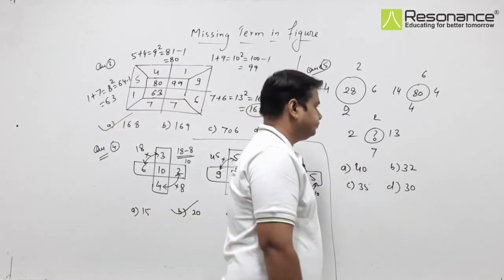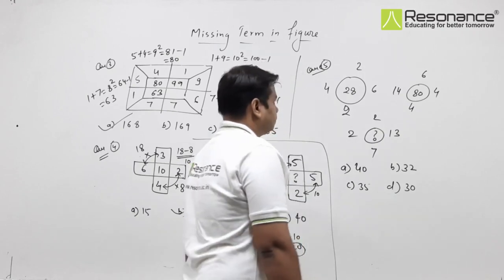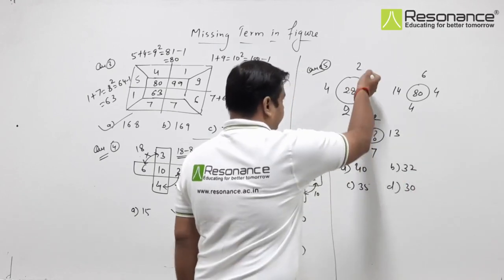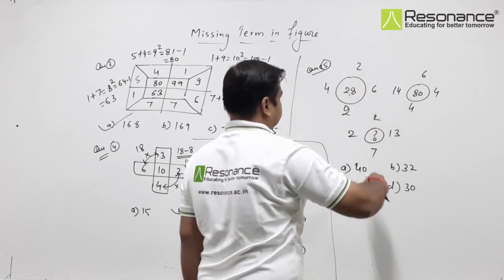Another one, we have to make 28 from the exterior numbers.